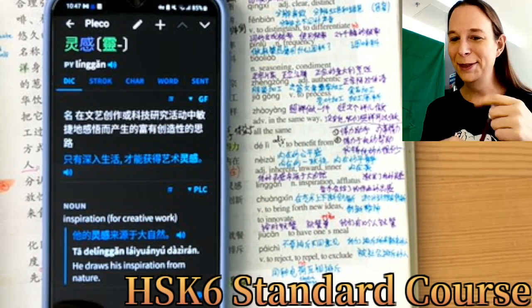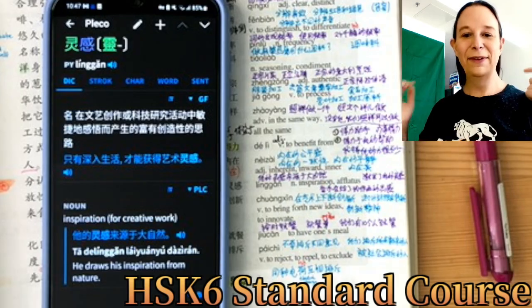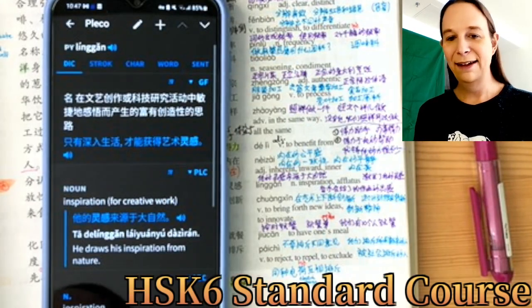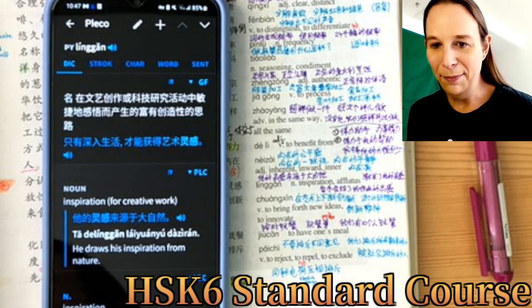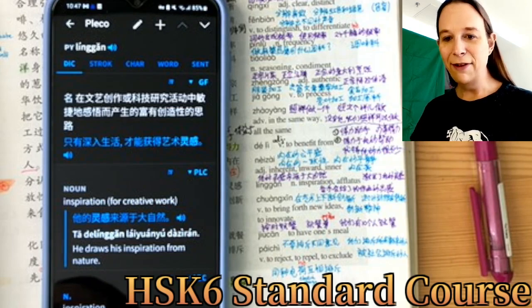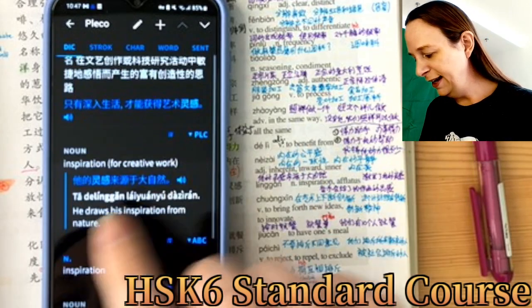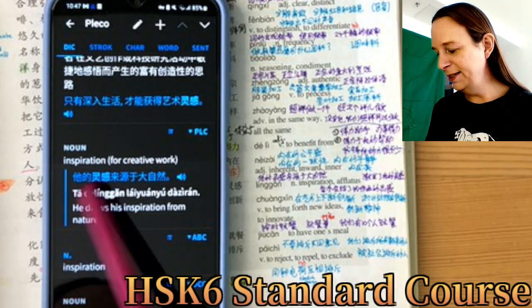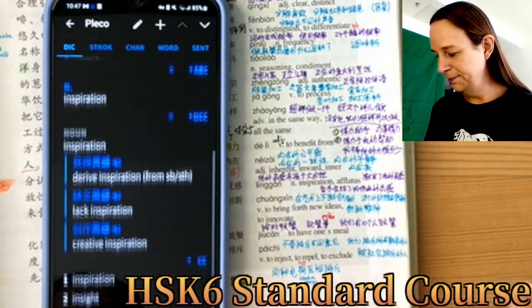I don't think that's a true story, but from what I recall, there were apples falling. But yeah, apples falling may provide you inspiration for your new theory of gravity. 它的灵感来源于大自然. So his inspiration comes from nature.